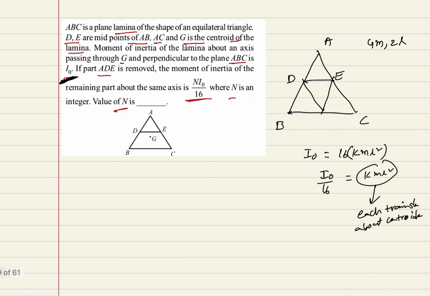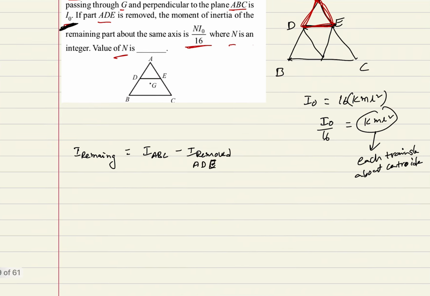Now observe this. If I remove the ADE part, how does the moment of inertia change? As we know, the remaining moment of inertia about G is equal to the moment of inertia of the ABC triangle minus the moment of inertia of the removed triangle, that is ADE.